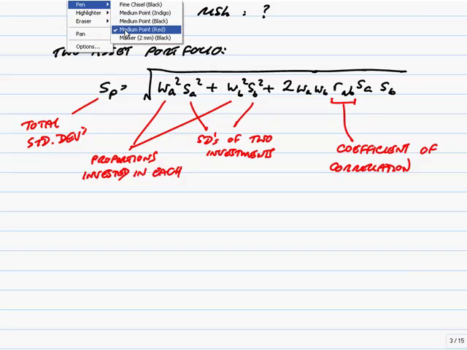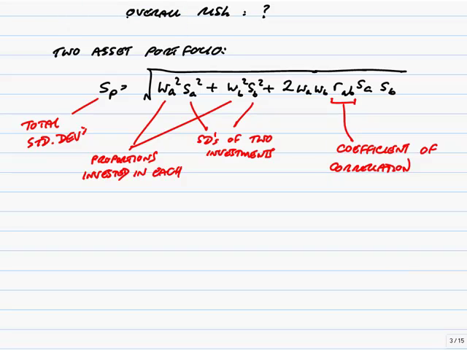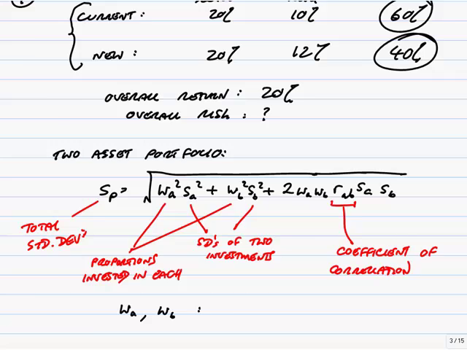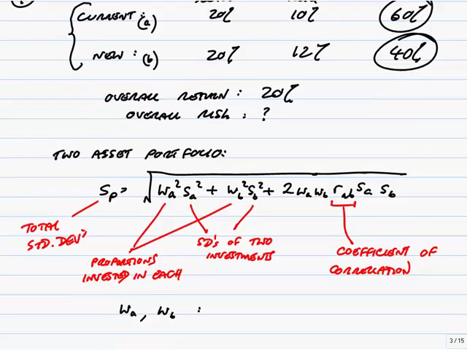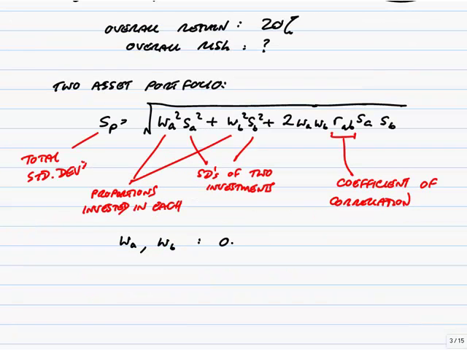So, let's check for ours. What are the symbols? First of all, WA and WB. They're the proportions in each. Well, it doesn't matter which order, but here, if I let the current be A and the new one be B, it's 60% in current, or 0.6, 40%, 0.4 in the other. So WA 0.6, WB 0.4.